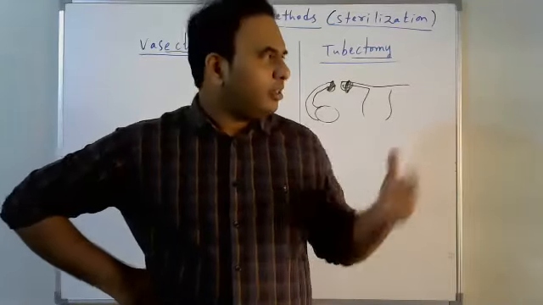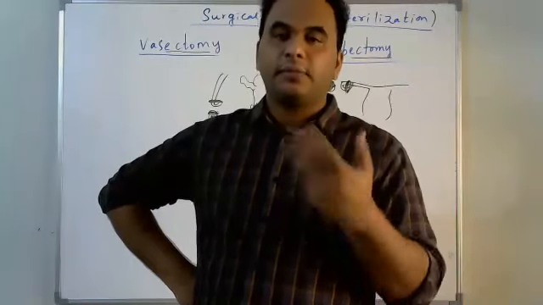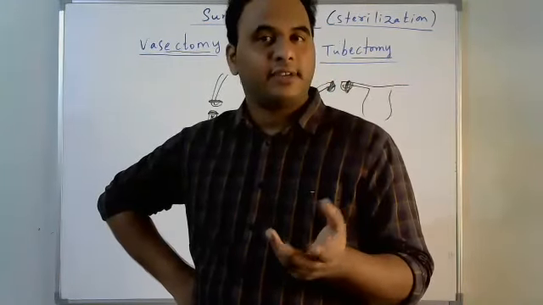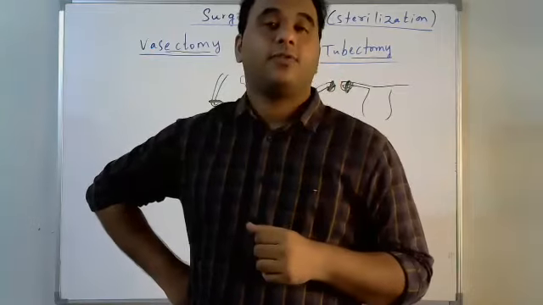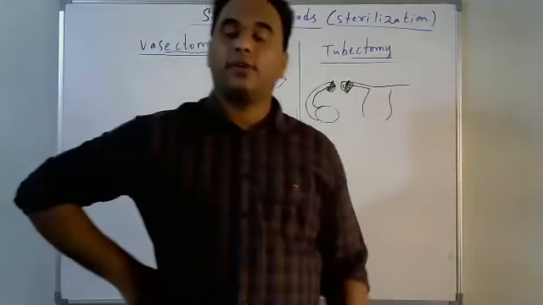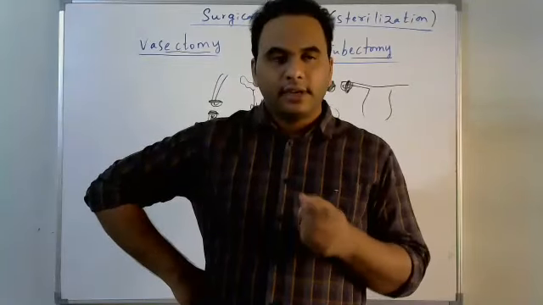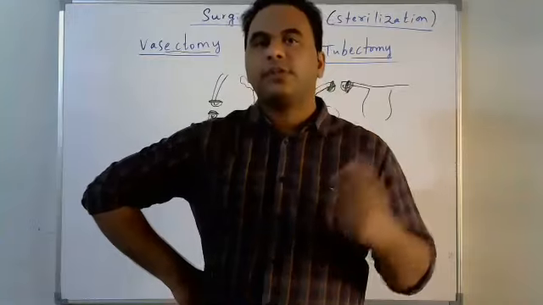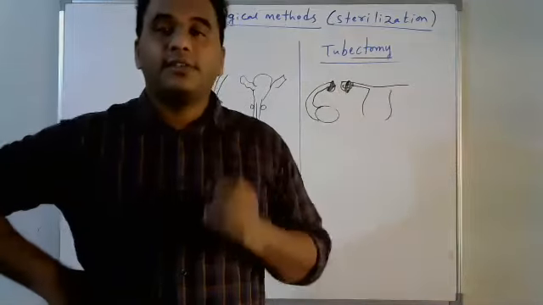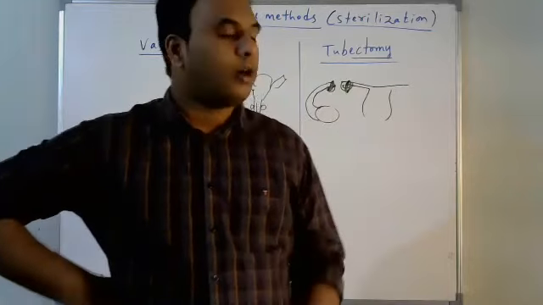In females, it may lead to some irregular menstrual bleeding, and in some rare cases, cancers also can be caused, like uterine cancer, fallopian tube cancer, breast cancers, because they are exposed to carcinogens. If the tubectomy is done in unhygienic conditions, they may get infected. This is how it is.